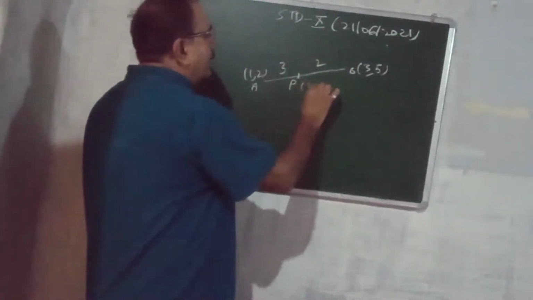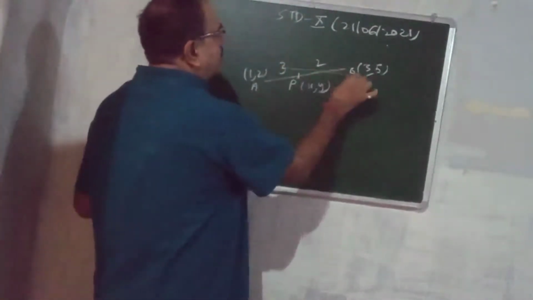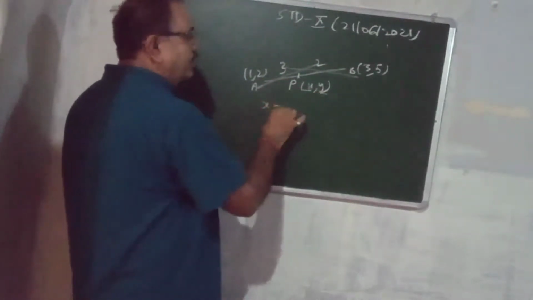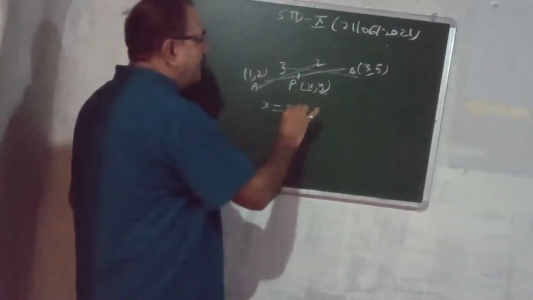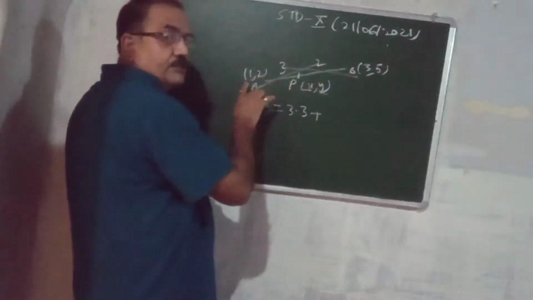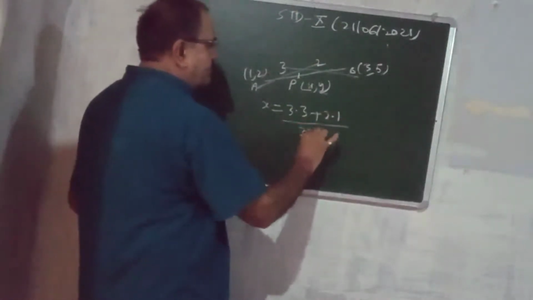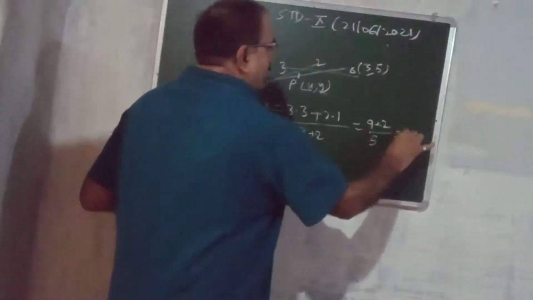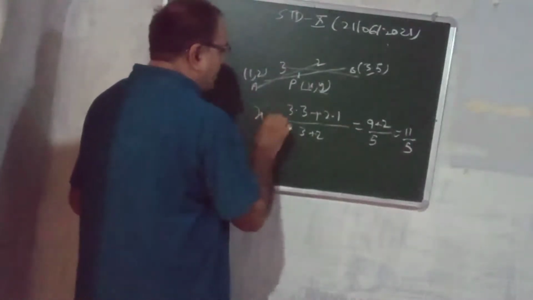Then we have to find the coordinate of P. We do the cross multiplication. For the x coordinate, use mx2, in place of m there is 3, 3 into 3, plus nx1, 2 into 1, by the sum of the ratio 3 plus 2. 9 plus 2 by 5, means 11 by 5. This will be the x coordinate.